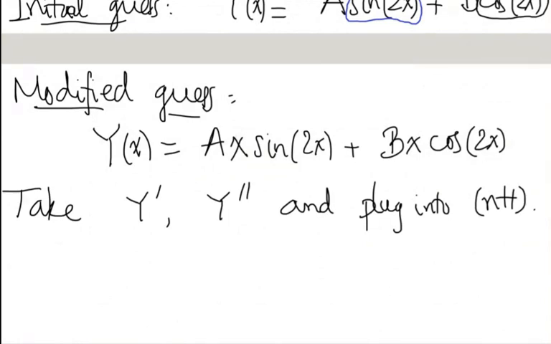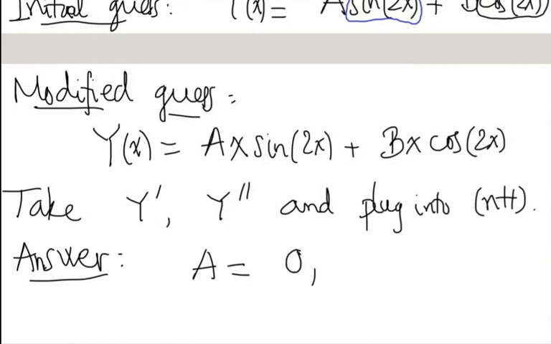So I won't do it here. I'm just going to write down the answer for you. You could try yourself. When you take the derivative, don't forget the product rule and also the chain rule, because of sine 2x, cosine 2x here. The answer turns out that a is 0 and b is -1.